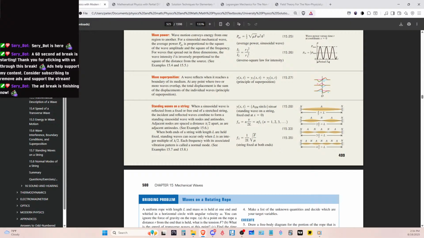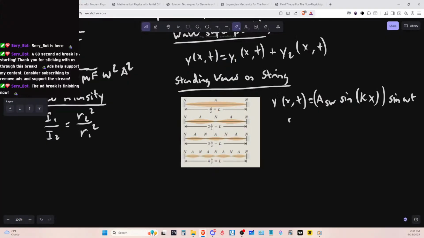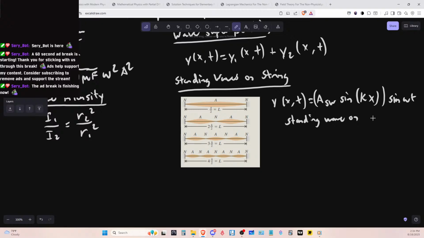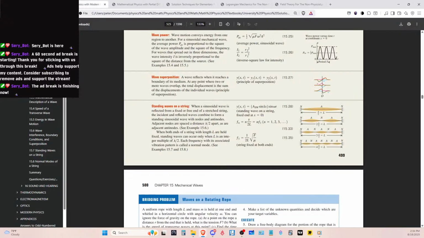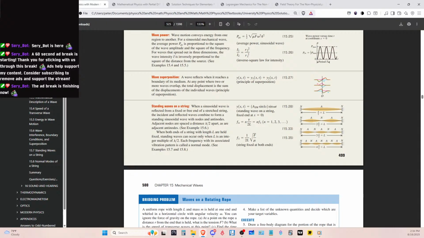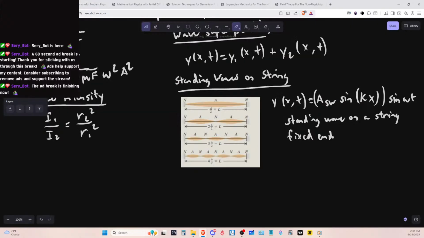And this is for a standing wave on a string fixed at x equals 0.